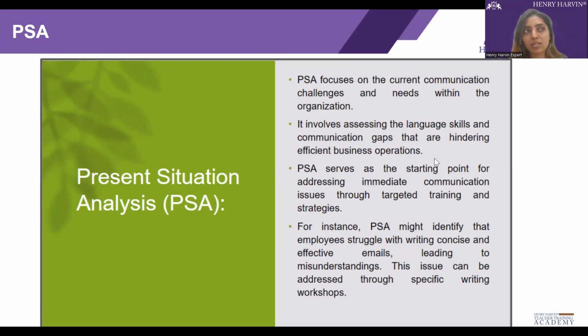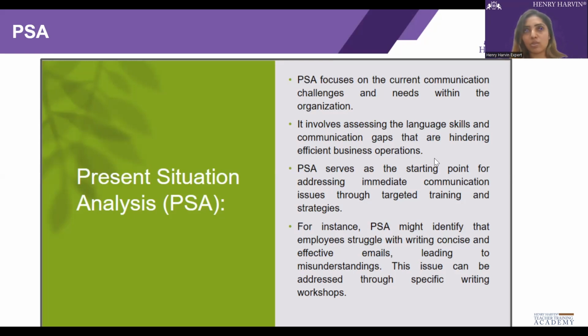Okay, and he's making so many mistakes, which is causing a lot of misunderstandings. All right, so you may have to focus in your syllabus on creating an extra chapter, or focusing a little more on writing effective emails, or giving them some templates or phrases that are going to help them in writing effective emails, some other applications, software, whatever is possible, so that the emails they are drafting are 100% correct.